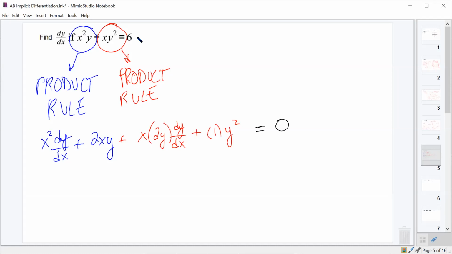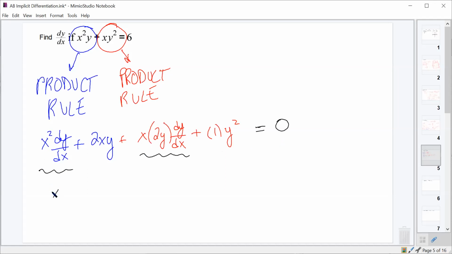All right, so now we're looking for dy dx, which means that we need to solve for that dy dx. We need to factor out a dy dx from these two terms. Right, this one has a dy dx and this one has a dy dx. And everything else needs to get moved to the other side.